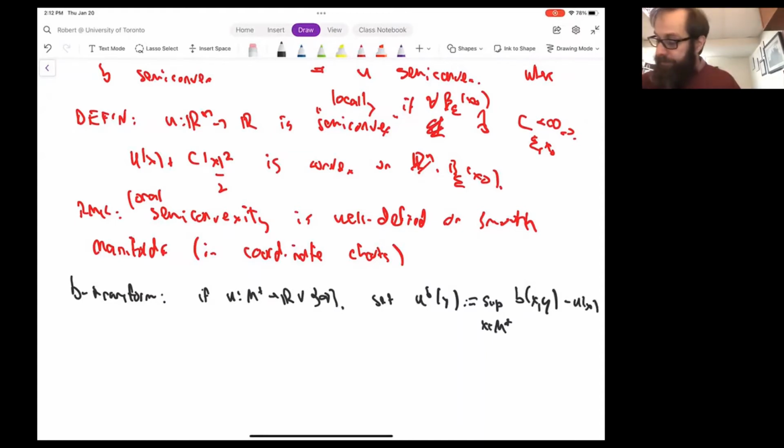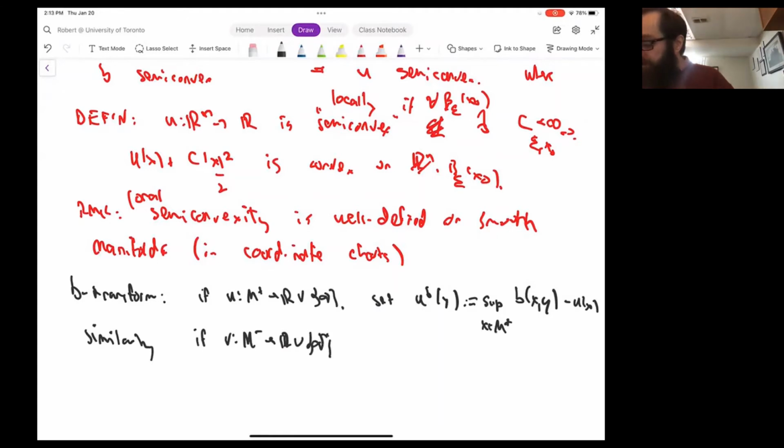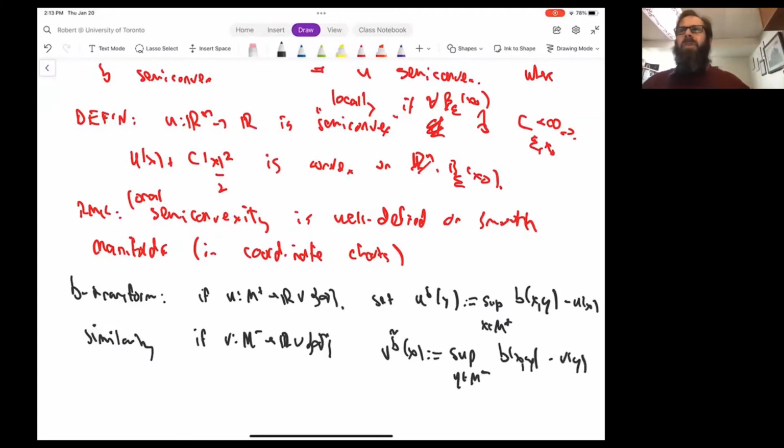And similarly, if I have a function V on M minus, its transform, I could call it the B tilde transform, is a function on M plus defined by the sup over y in M minus of b(x,y) minus v(y). So the B transform takes functions on M plus to functions on M minus. The B tilde transform takes functions on M minus to functions on M plus.